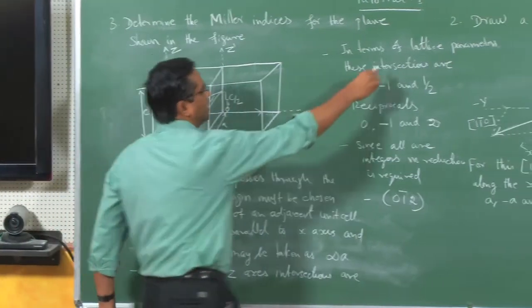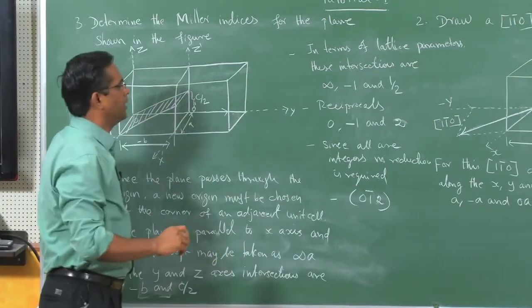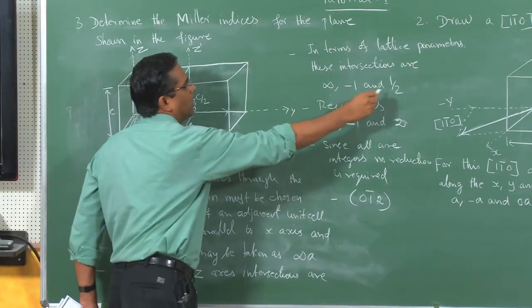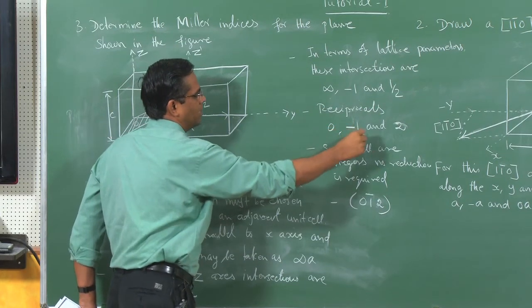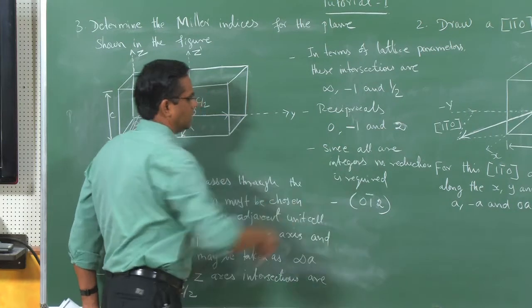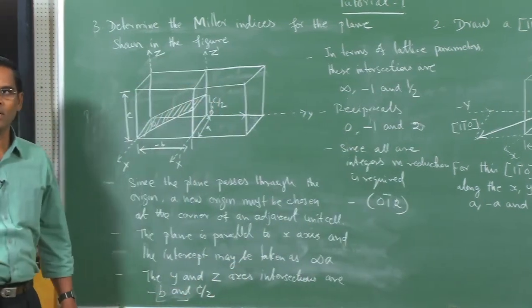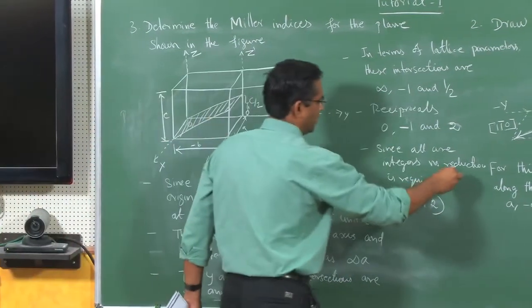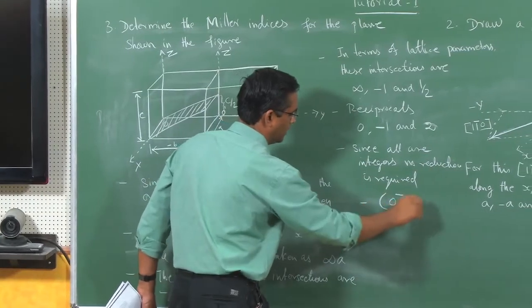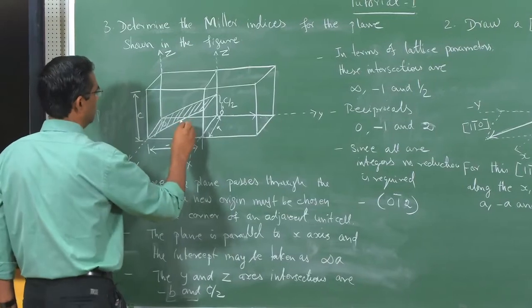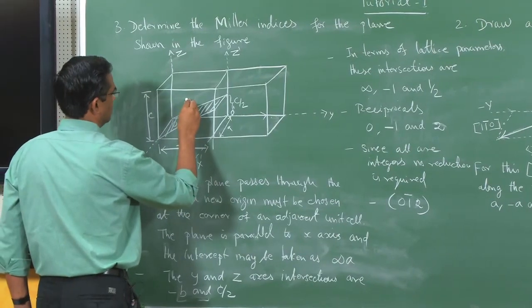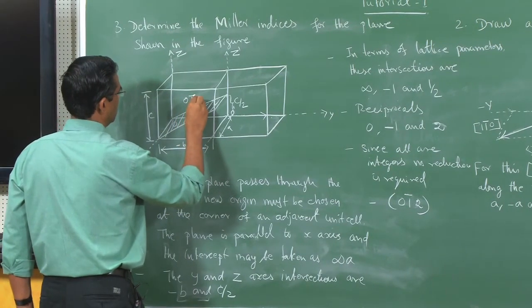So, in terms of lattice parameters a, b, c, it is infinity, minus 1 and half. Take the reciprocal of this: 0, minus 1 and 2. Since these are all already integers, you do not have to reduce it further. So, you put it in parentheses, that is the plane. So, this plane is (0 1 bar 2).